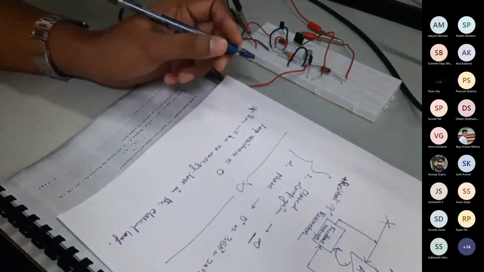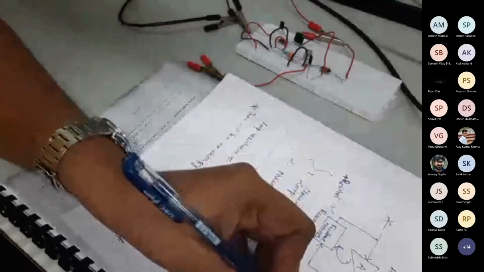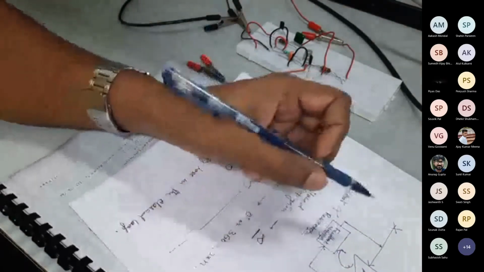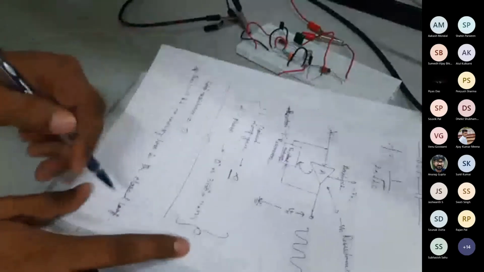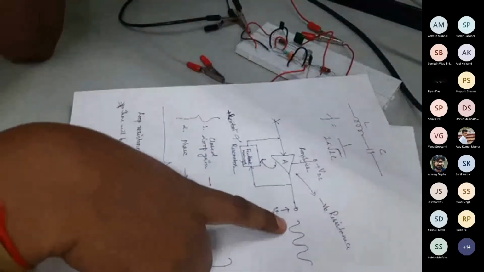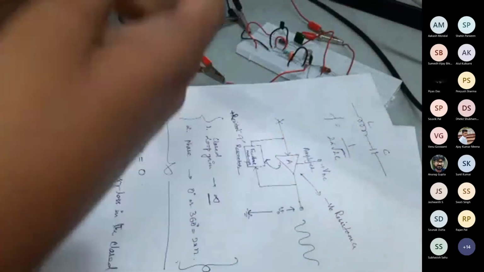But again the question is how we get the sine wave at the output. Actually, this is the ideal condition to get the sustained oscillation. But who will provide this sine wave, or what will the oscillation start from?